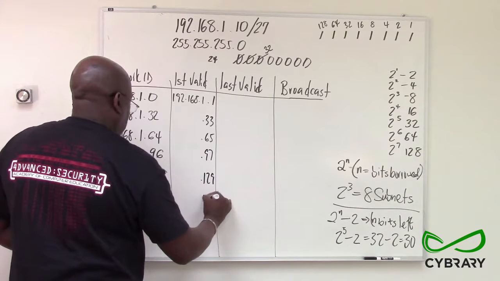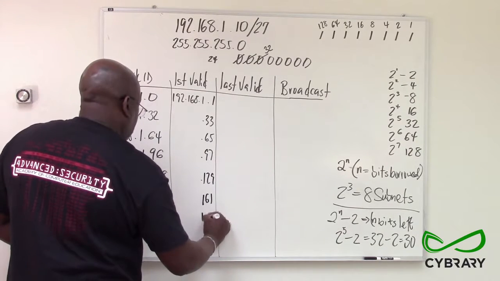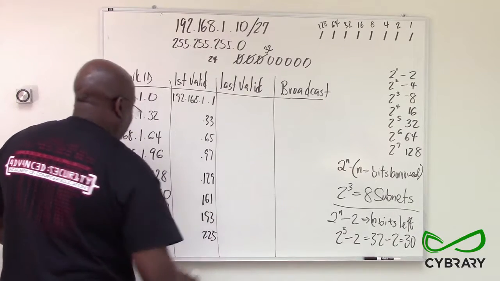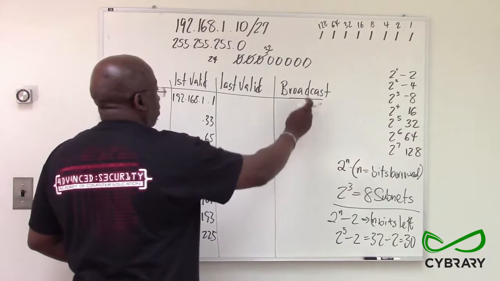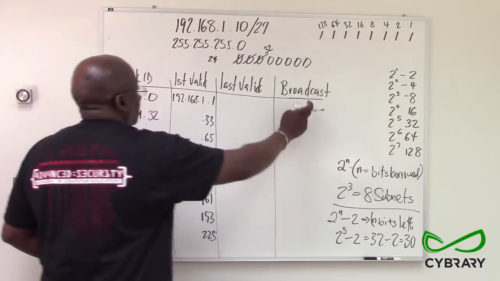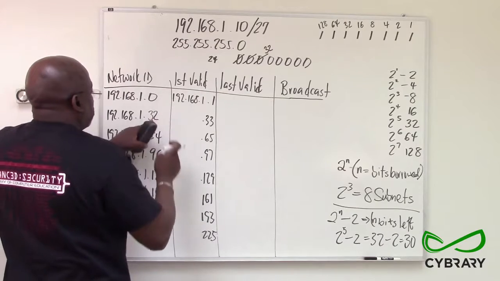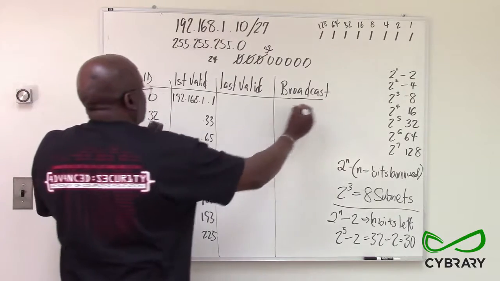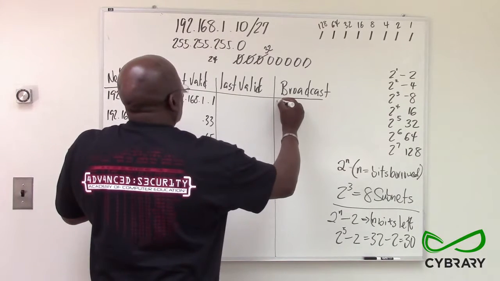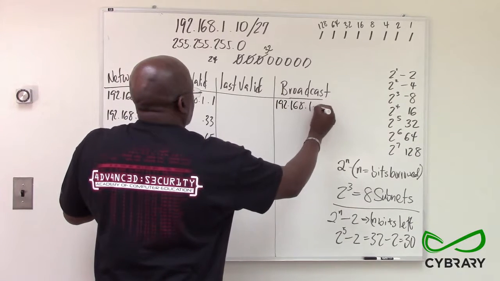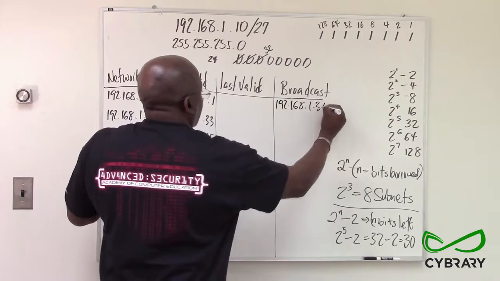129, 161, 193, 225. The next one we find is the broadcast. To get the broadcast, we subtract 1 from the next network ID down. So this will be 192.168.1.31.